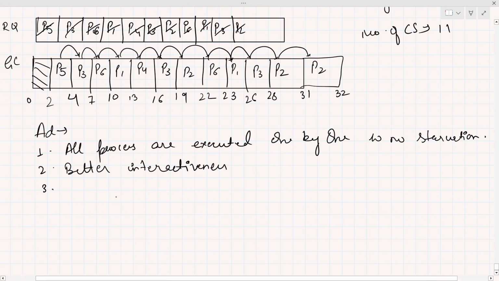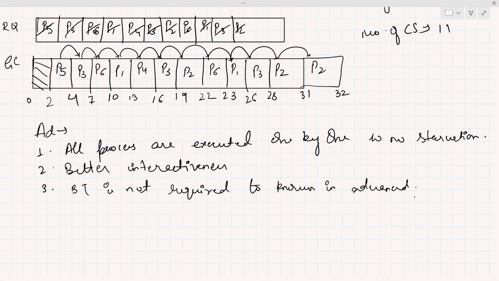Third is that burst time is not required to be known in advance. What does this mean? This was a disadvantage in previous scheduling algorithms, where burst time was not known, so there was no practical implementation.